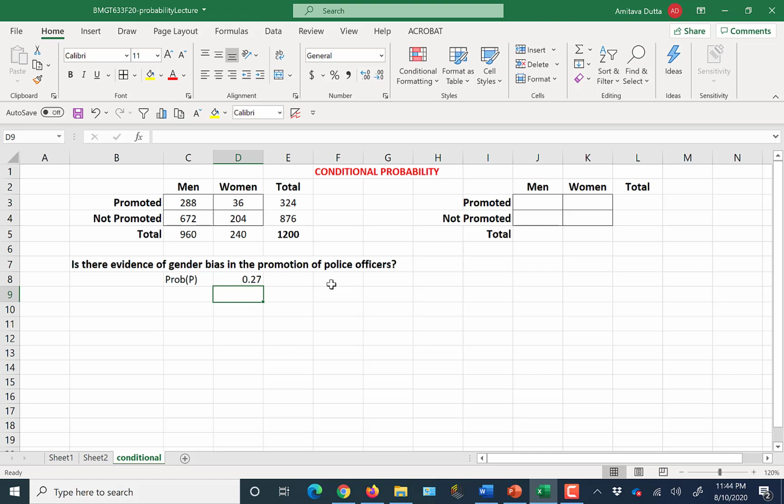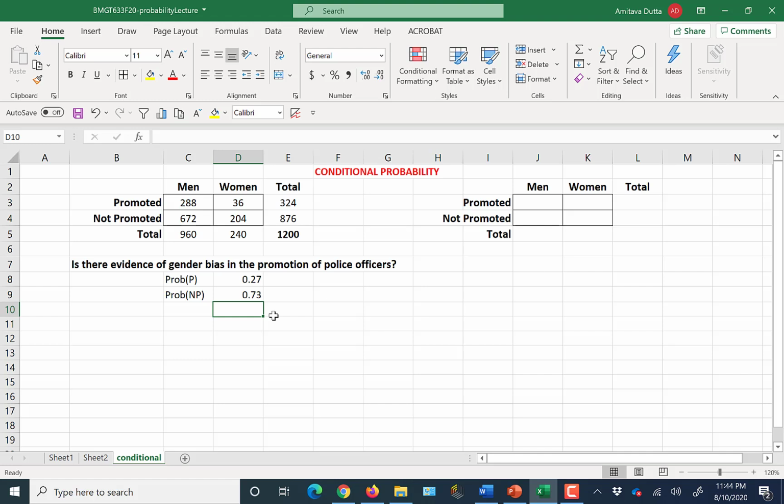That's the probability of being promoted, which is 0.27. Obviously the probability of not being promoted, NP means not promoted, would be 1 minus 0.27, which is 0.73.